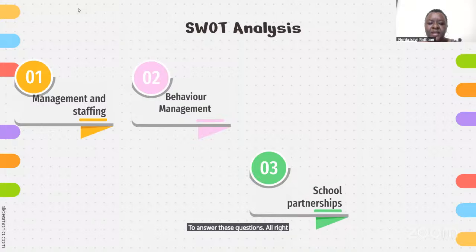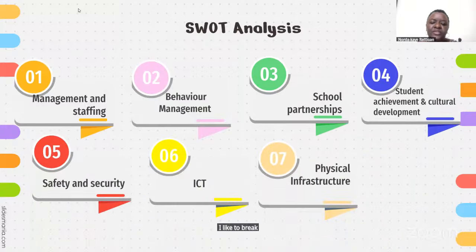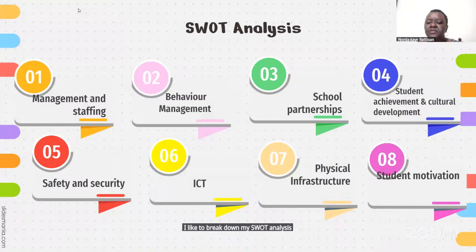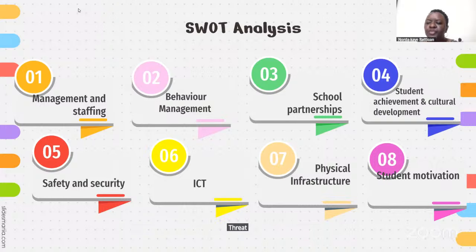All right, so in your SWOT analysis, I like to break down my SWOT analysis to look at different structures of the school. So I look at the strengths and weaknesses, and then after I do all of these 8, I now look at the opportunities and the threats that are going to prevent me from moving forward.